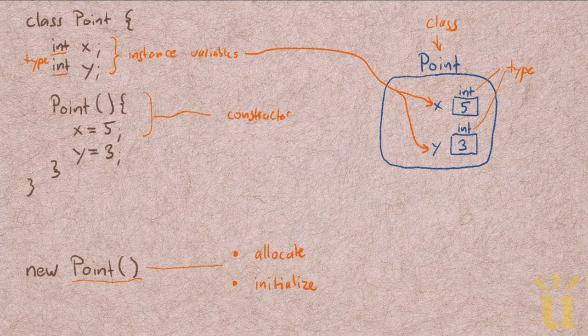Okay. Now when we're calling a constructor, we can also say, well, every time we call this constructor, we make an object and it's always starting out with x is 5 and y is 3. That's a bit too fixed. I mean, we want to have a way to create an object that has a different x value, a different y value. So we can have a different constructor. So we can modify, for example, our constructor.